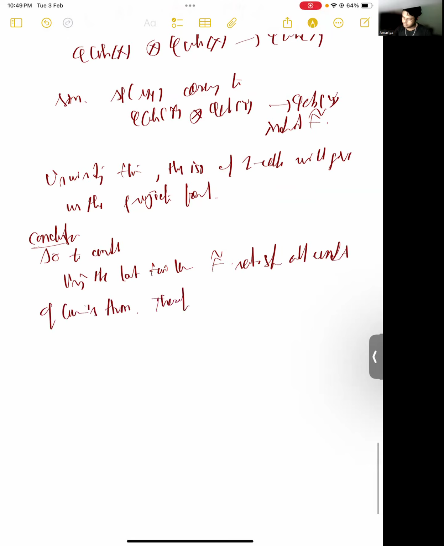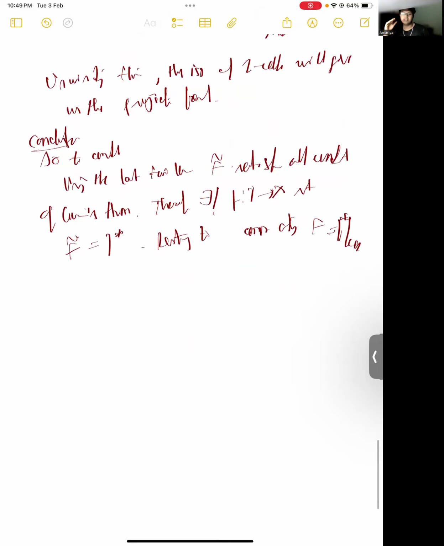Therefore, there exists a unique f from y to x, such that F tilde is its first term, and basically restricting to connective objects, we get that.